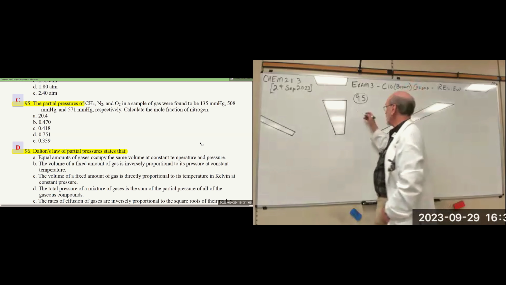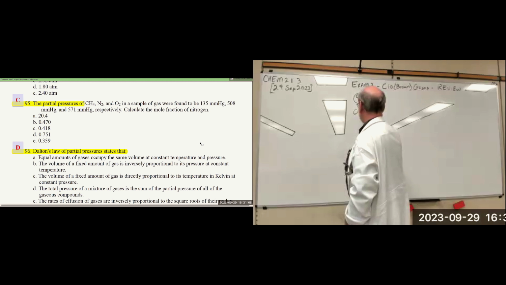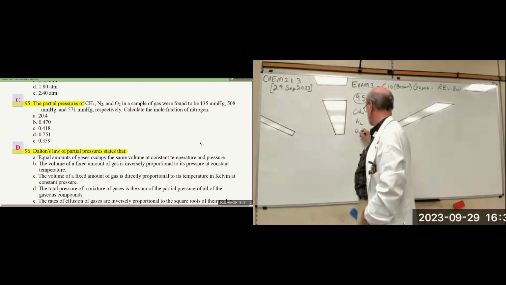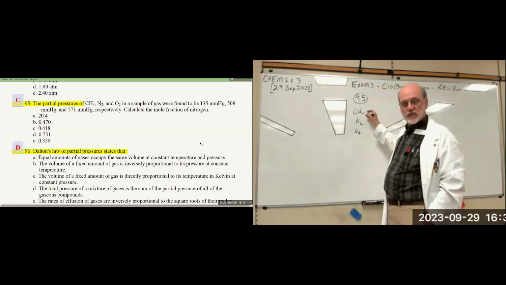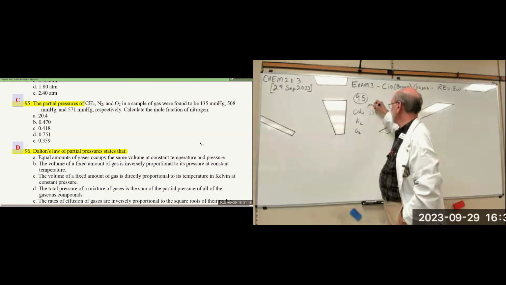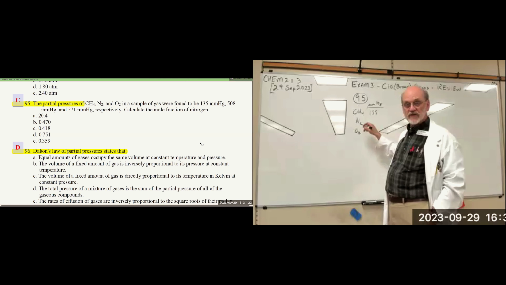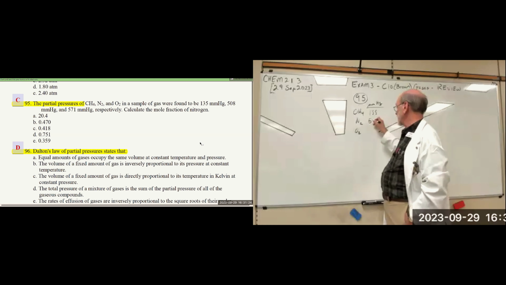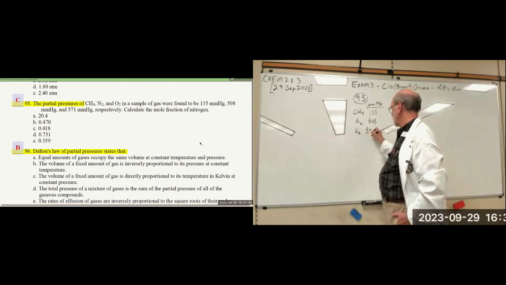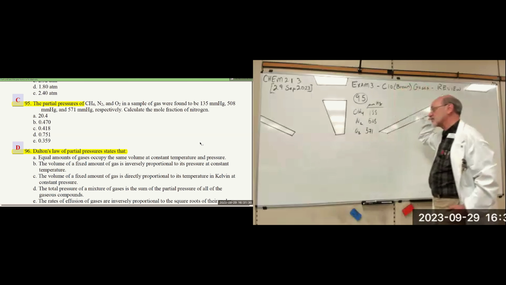Right. If we know the partial pressures of each one of these, say methane was 135. This is in millimeters of mercury. They're all the same units of measure. 508 for nitrogen and 571 for oxygen. What's the mole fraction?